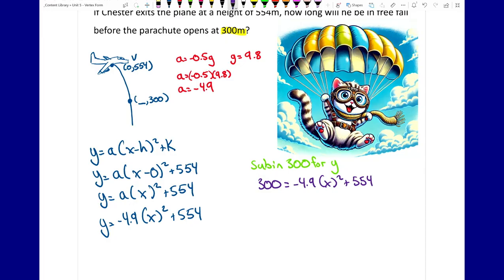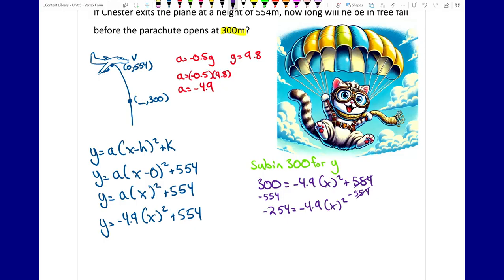Very similar to if I was dealing with a linear equation and I was plugging in one of the coordinates and I had to find the other. So if I move the 554 to the other side, I'm going to subtract it from both sides. One side is going to cancel out. I'll be left with negative 254 equals negative 4.9 times x squared.